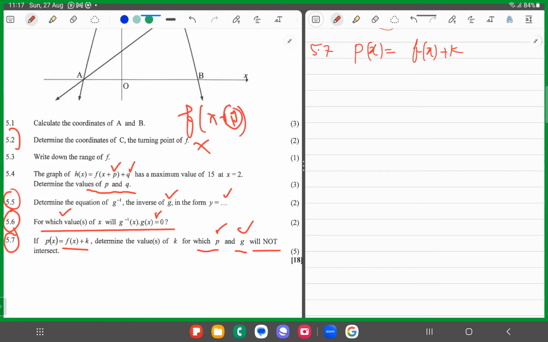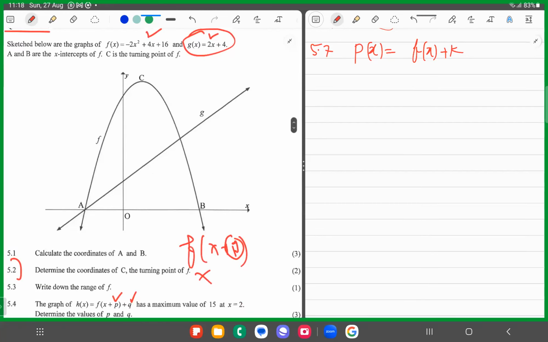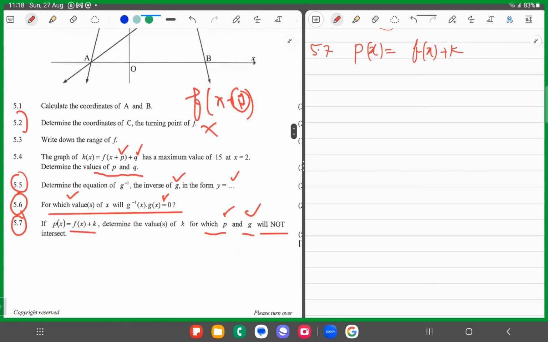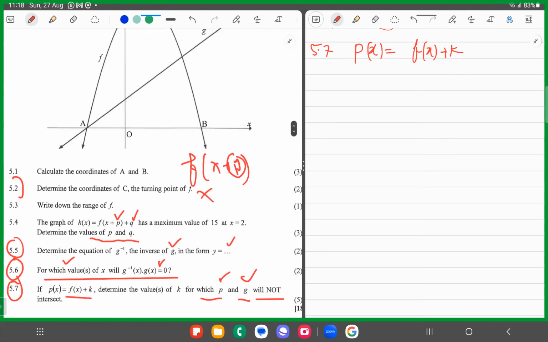Right, so there's a couple of things you need to consider. What is the function p of x?